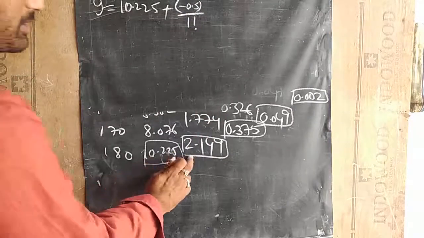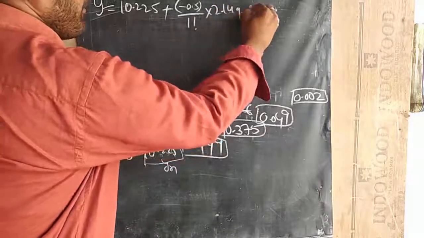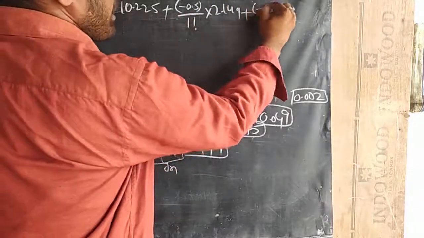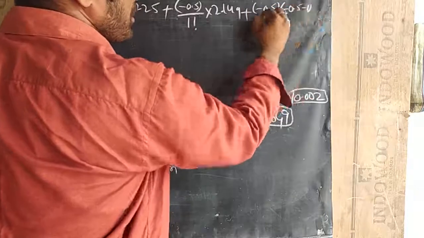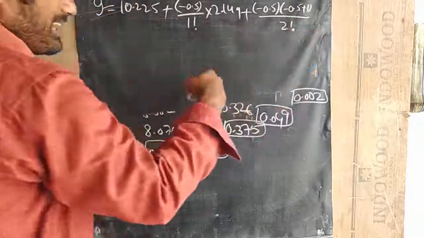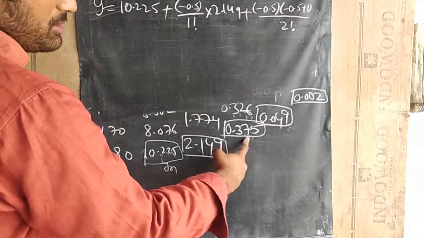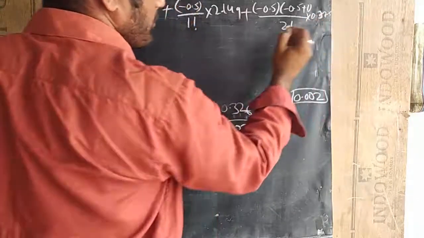The n value is minus 0.5, and delta yn is 2.149. Plus n into n plus 1 by 2 factorial into delta square yn, where delta square yn is 0.375.